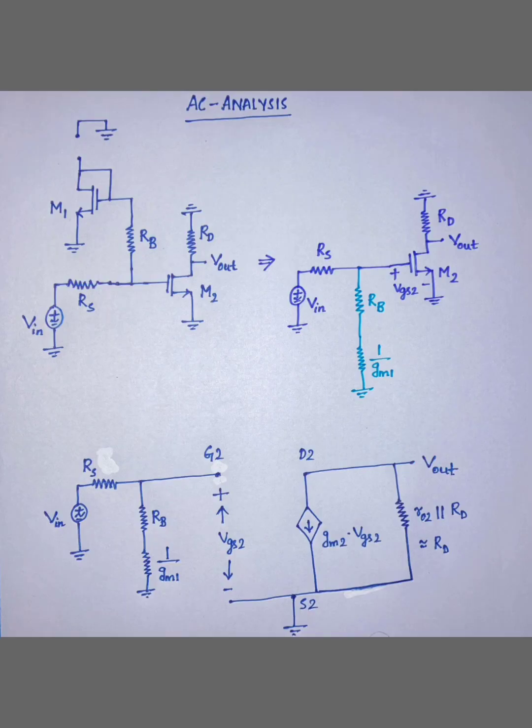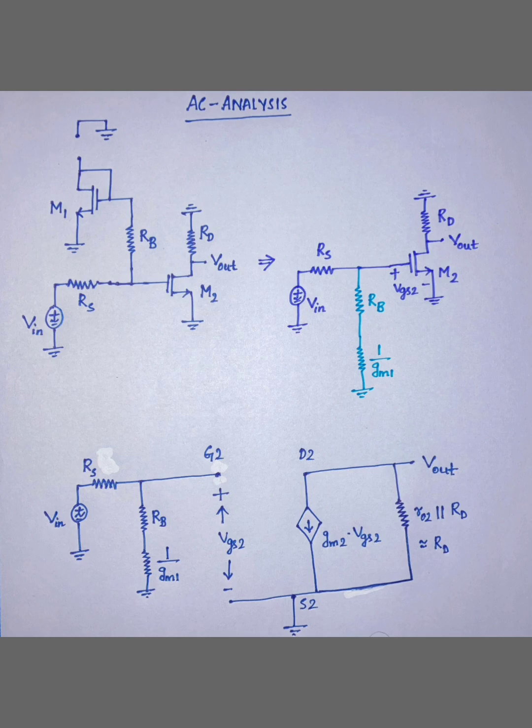Here I have replaced transistor M2 with the small signal diagram, where the voltage across gate to source is VGS2. That voltage modulates a current from drain to source, given by gm2 into VGS2. Since there is no body effect, the voltage appears across the parallel combination of ro2 and RD.